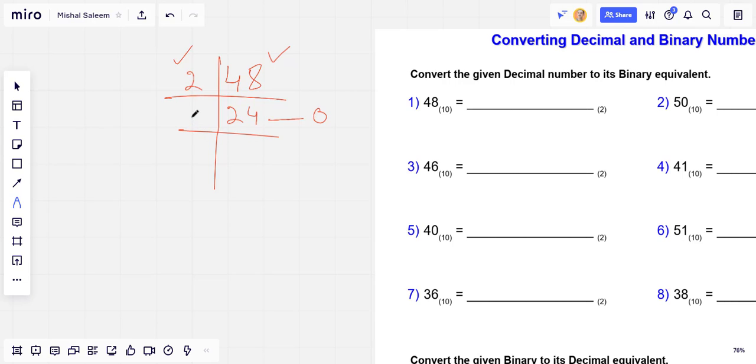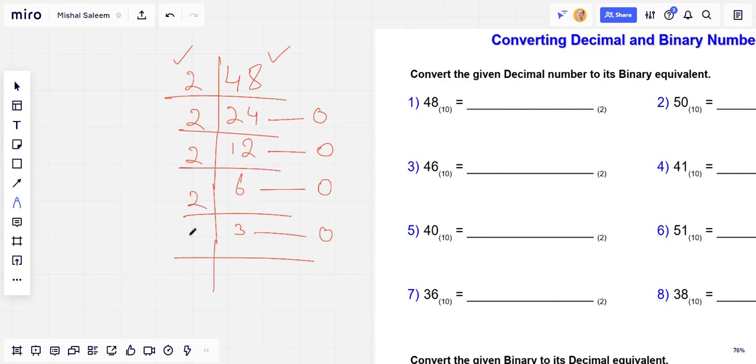Okay, then in the next step, again by 2, so 2 times 12 is 24. Again it's divided completely, so 0 remainder. And then in the next step, 2 times 6 is 12, again 0 remainder. And then 2 times 3 is 6, completely divided, again 0 remainder.